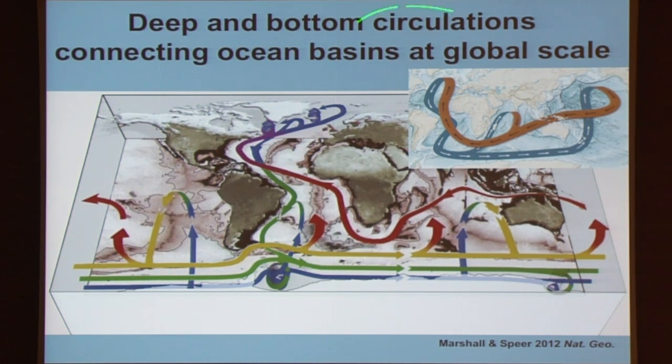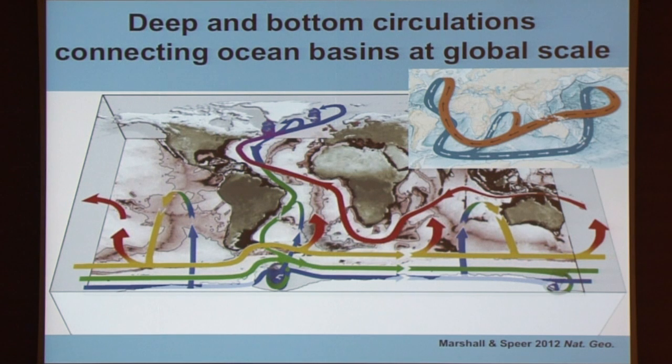And so this is the very well-known Broecker conveyor belt image, but at the same time, there is a reality in that thing, but the actual connection is a bit more complicated.